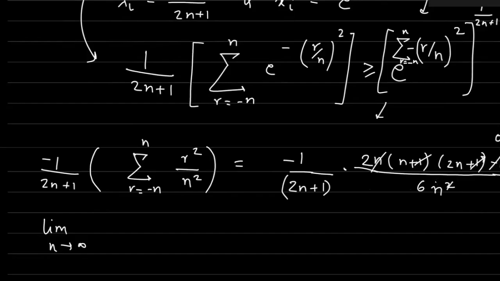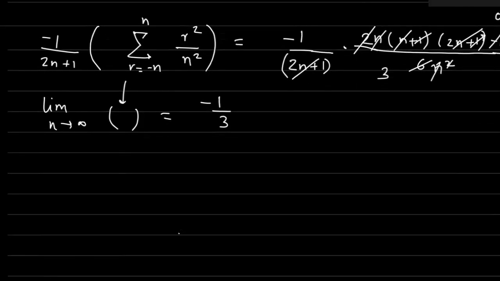We can also cancel 2n plus 1 with 2n plus 1, and this n will go away with this n. This 2 will take away 2 from here and 3 will be left. So the limit as n tends to infinity of this thing turns out to be minus 1 by 3.